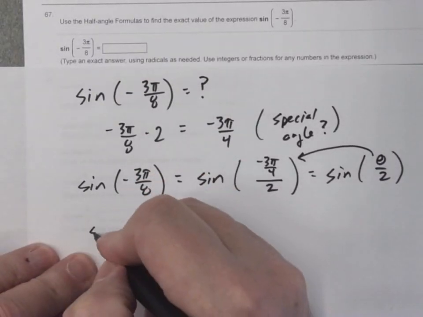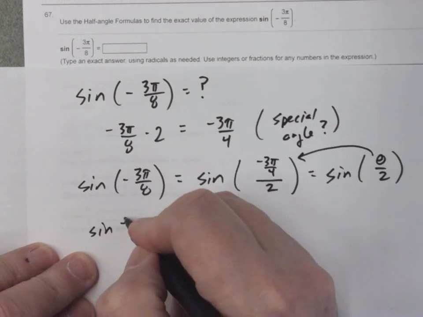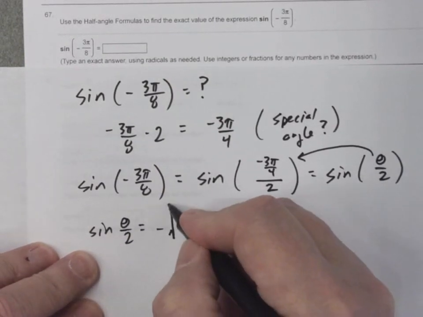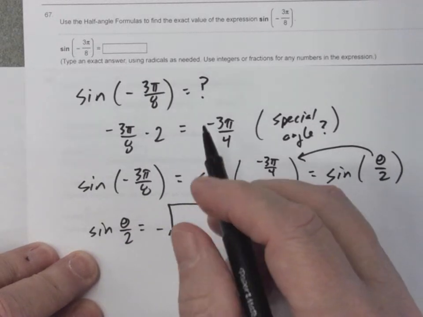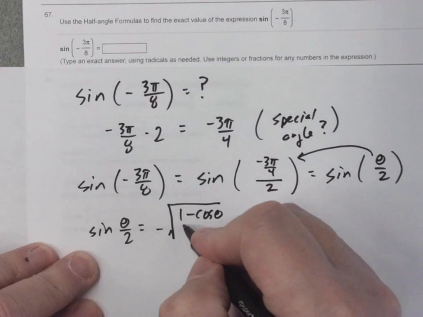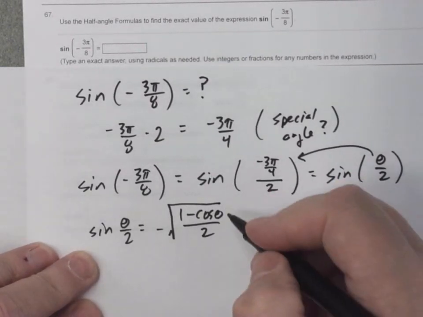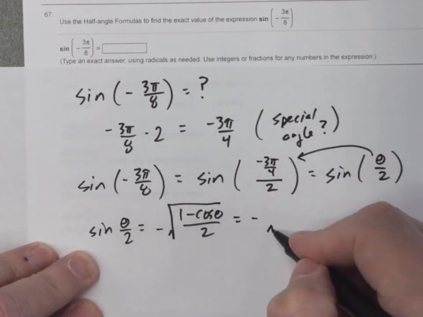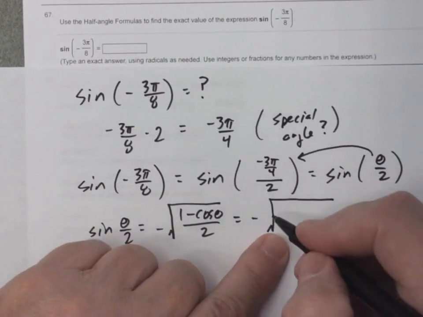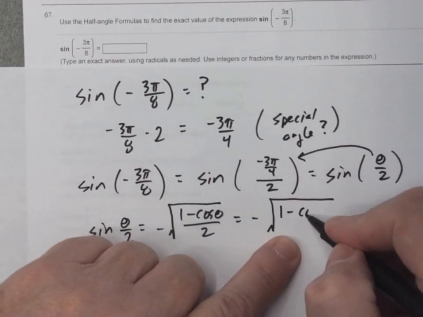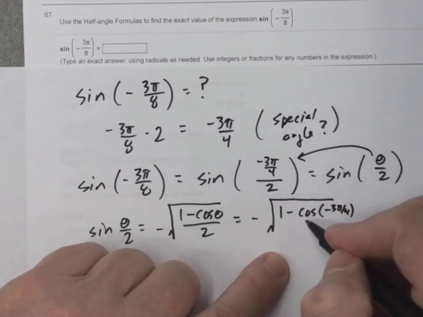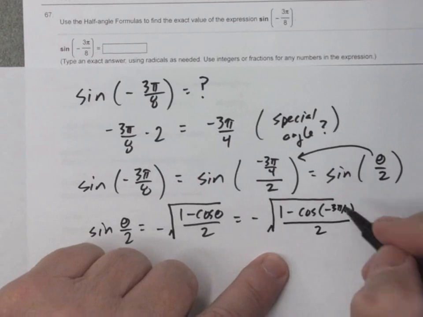So let me write out that formula: negative square root of 1 minus cosine of theta over 2. So theta is negative 3 pi over 4. So 1 minus cosine of negative 3 pi over 4, over 2.